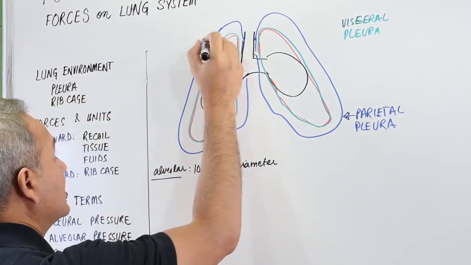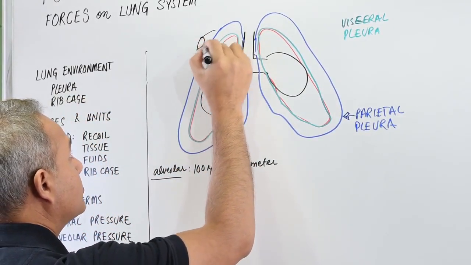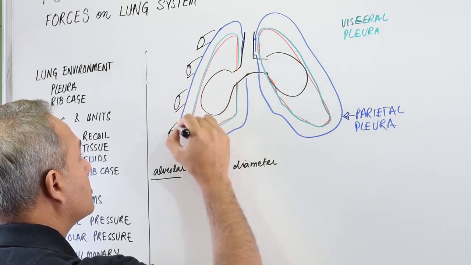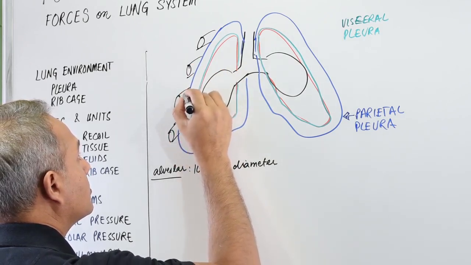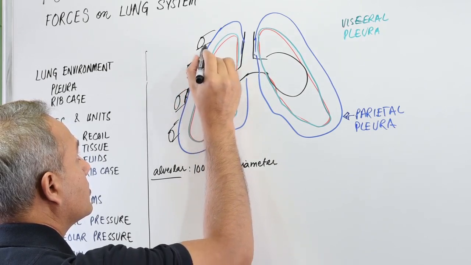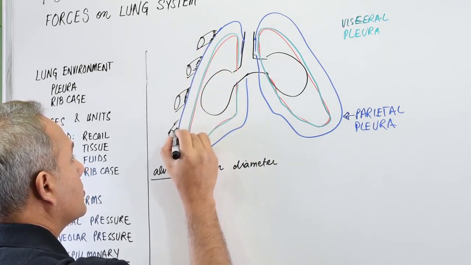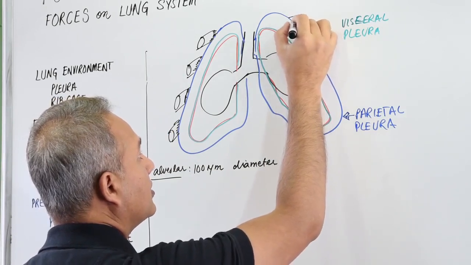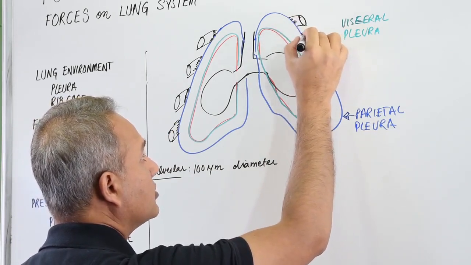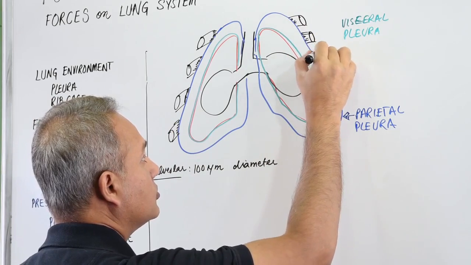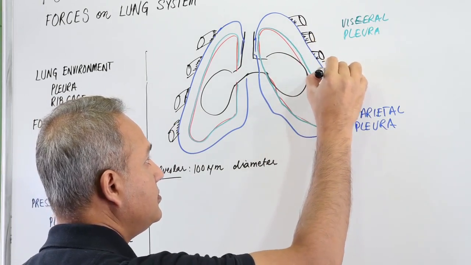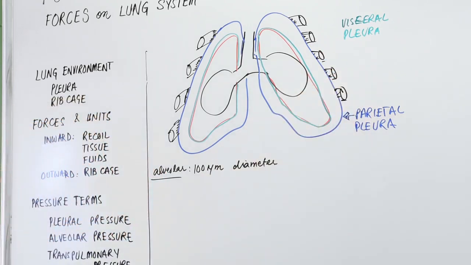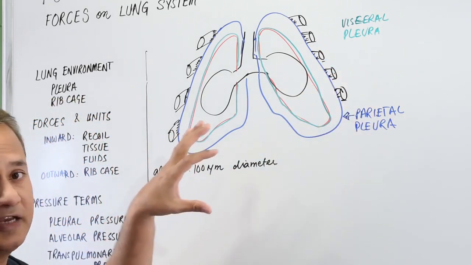So if I make some ribs over here, then these ribs are attached to the parietal pleura. Right? So this is the environment.